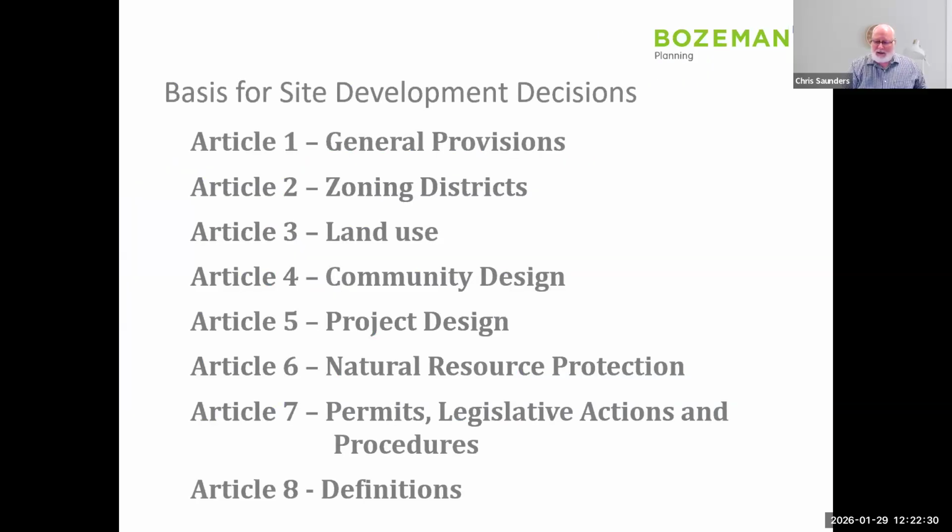Like I mentioned, there's the 8 articles that we have in the code. When we are looking at review of any individual application, when folks are wanting to offer comments, we strongly encourage them to tie those comments directly back to code language. That is what is most effective in being able to support a change or a modification to a project.